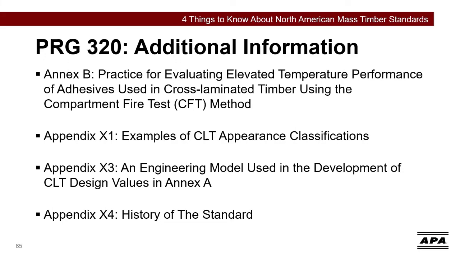Appendix X3 dives deeper into the engineering modeling used to develop the design values in Annex A. It explains how the design, stiffness, and strength values in the table are derived using mathematical models and how cross-lamination layers interact. Finally, Appendix X4 captures the history of the standard itself from early development through the latest 2025 update.